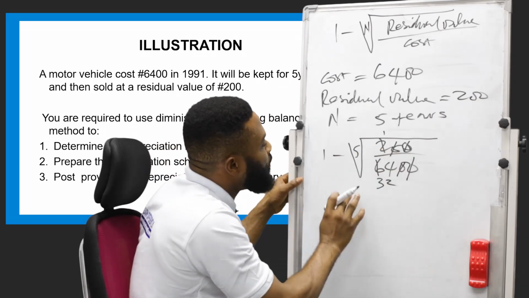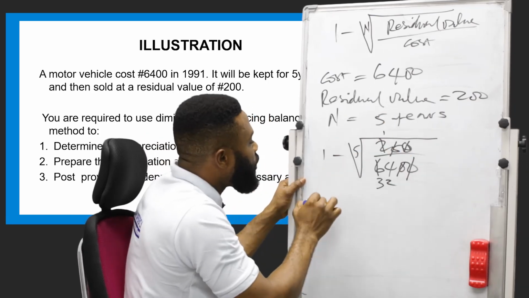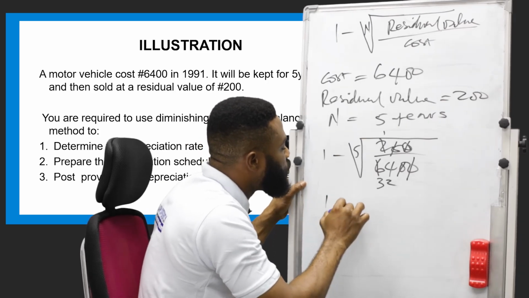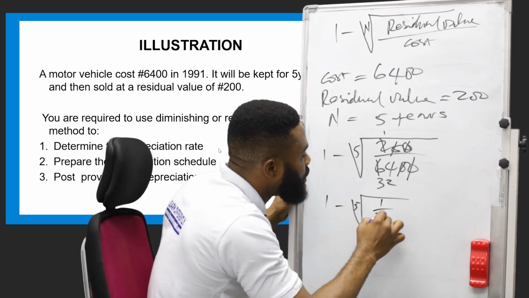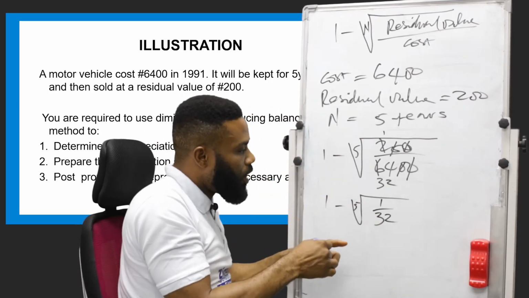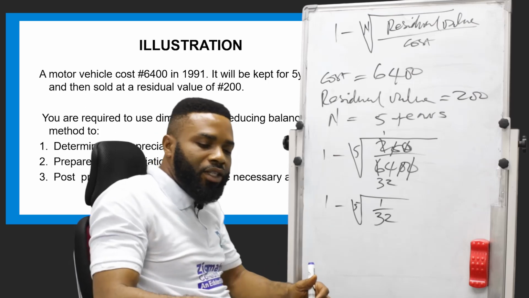Now, let's rewrite this. You're going to have 1 minus the fifth root of 1 all over 32. Now, first of all, let's manipulate this with our mathematical set.